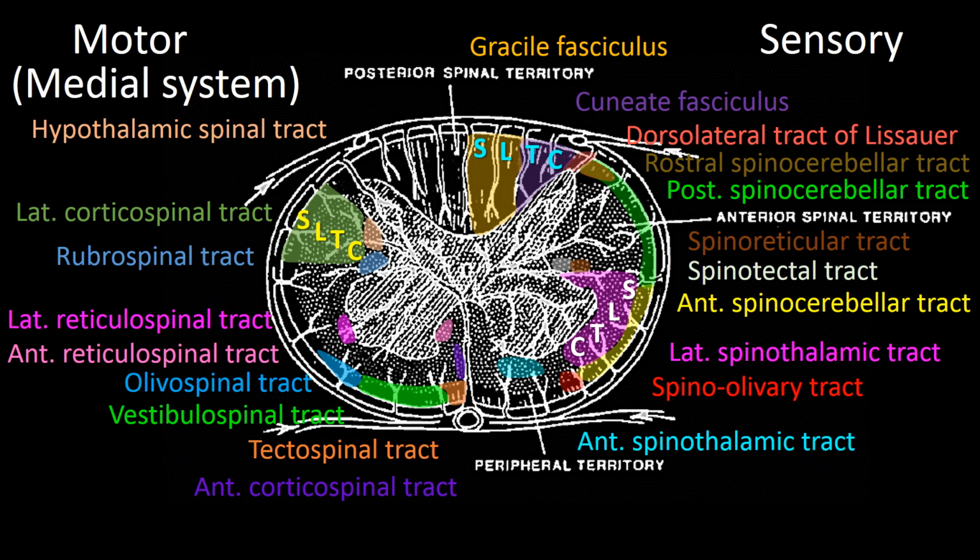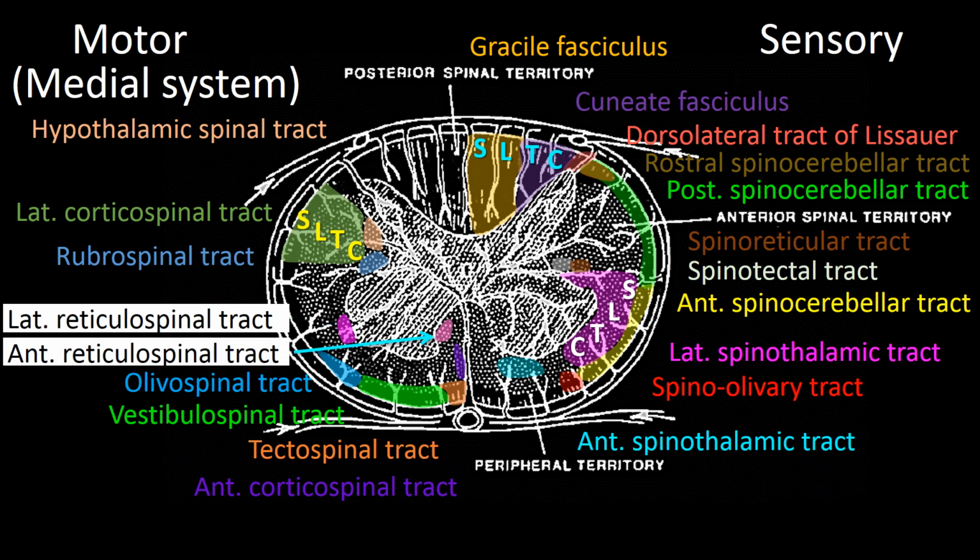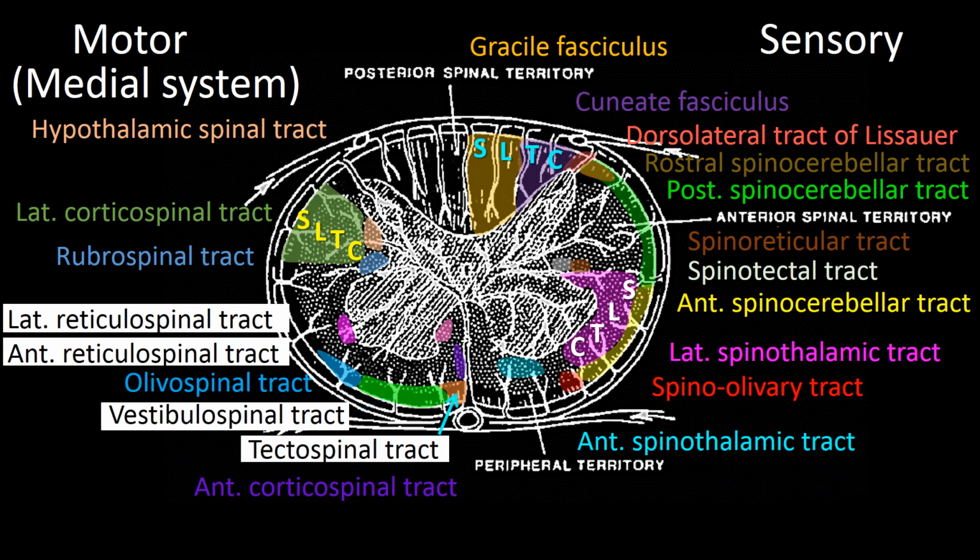The medial descending motor pathway system consists of the lateral reticulospinal tract, the anterior reticulospinal tract, the vestibulospinal tract, and the tectospinal tract. These tracts constitute the medial system.